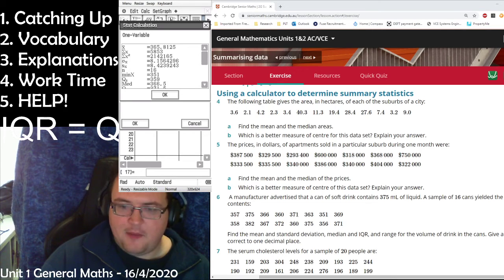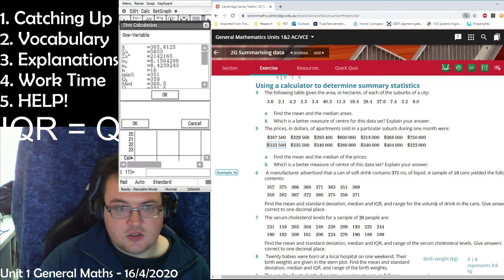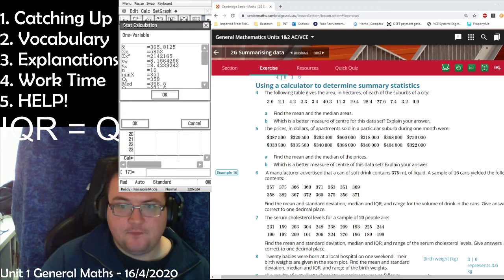Now, as we all know, how much is actually supposed to be in a can? It says right there in the question: 365 milliliters of liquid. A sample of these contents yielded the following. Zoom out just a tiny little bit so you can see it all.